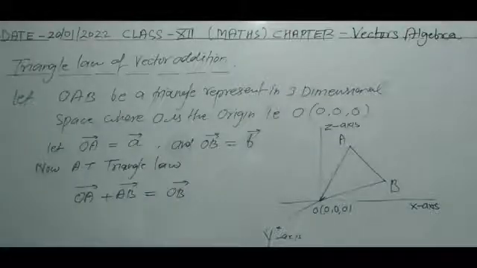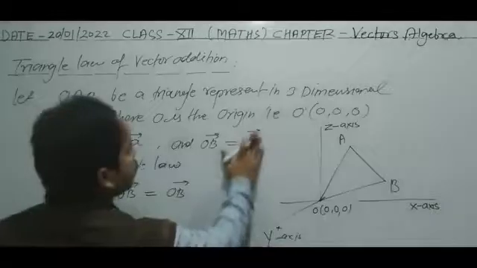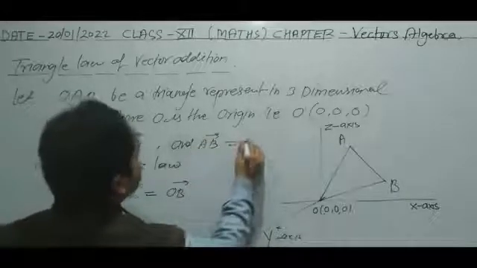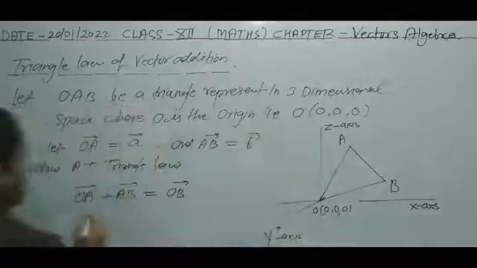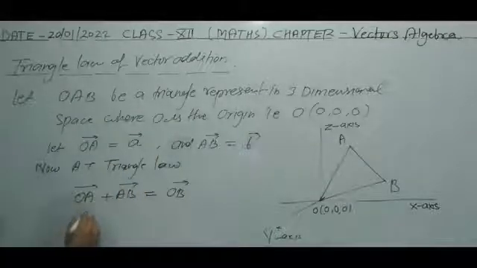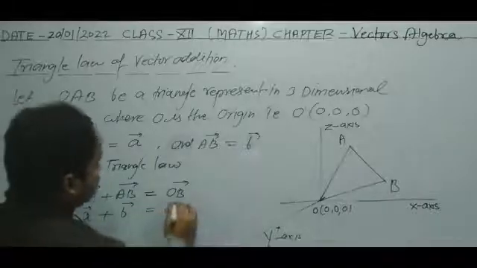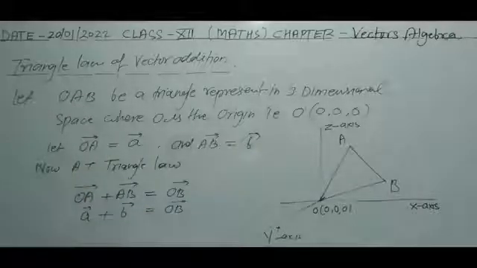Now this result we can consider: suppose AB is equal to vector b. Now we can write OA vector is small a vector and this is small b vector, equal to OB vector. So this is the triangle law of addition.